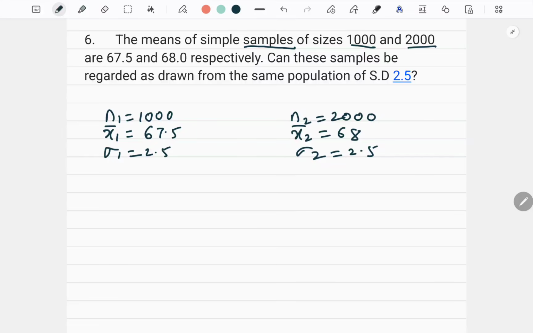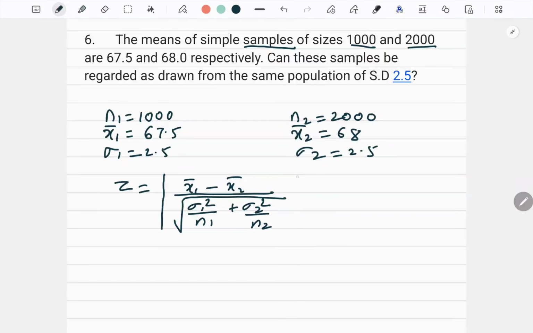Right? Now, since it is sample versus sample, I'll apply another formula of z. What is that formula? Z is equal to absolute value of x1 bar minus x2 bar upon under root of sigma 1 square upon n1 plus sigma 2 square upon n2. Right? So now let's put the values.